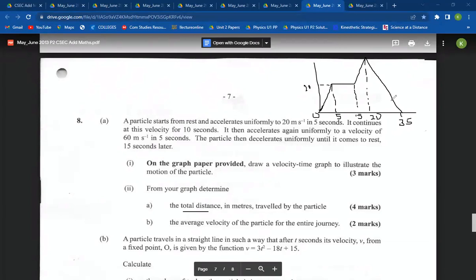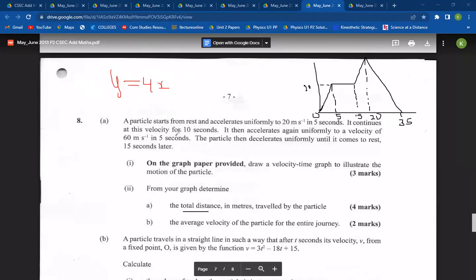Okay. So let me do this, right? So this is 25. 20, okay, well that's 4. Anyways, 4. y is equal to mx plus c. But this is through the origin, so y is equal to 4x.